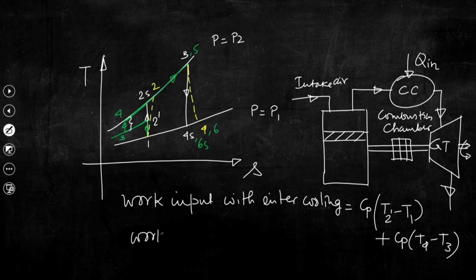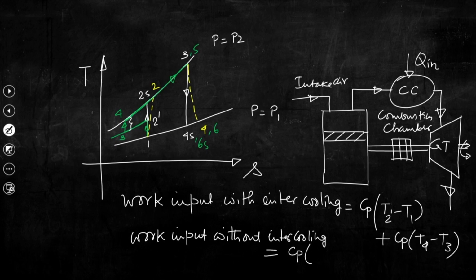Work input without intercooling will be equal to Cp into, like this, Cp into Ta minus T1.